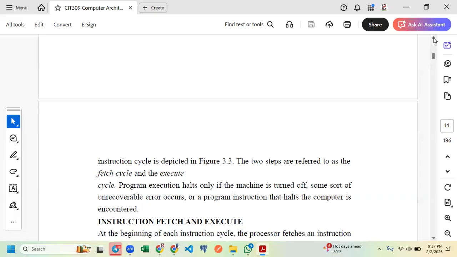So we have the memory buffer register responsible for holding data and incoming data, as in data that comes into the computer. And also, we'll see about the input output system.